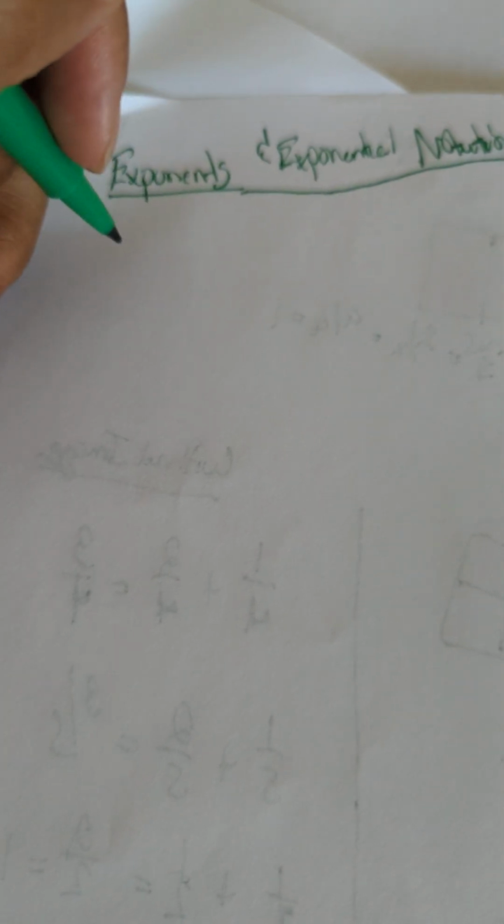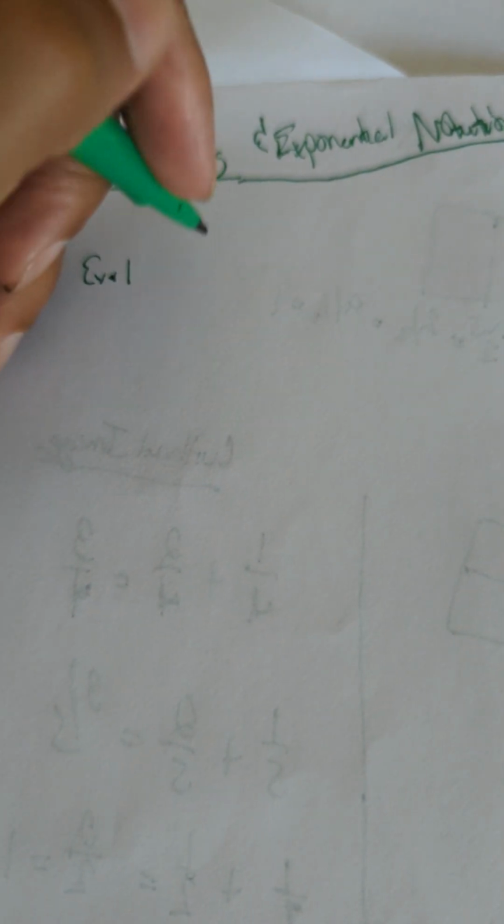If we take, for example, 2 times 2, what is 2 times 2? Well, we know from the multiplication table that 2 times 2 is 4.